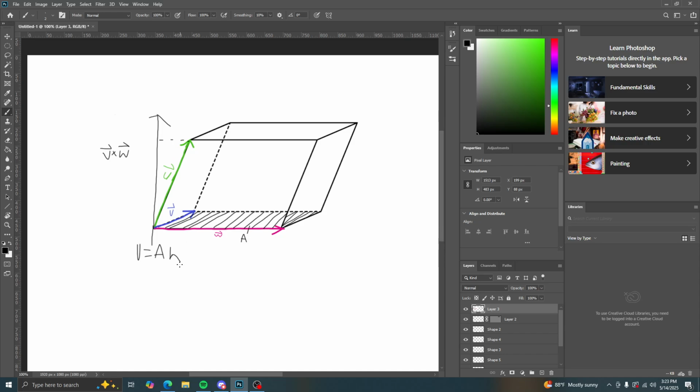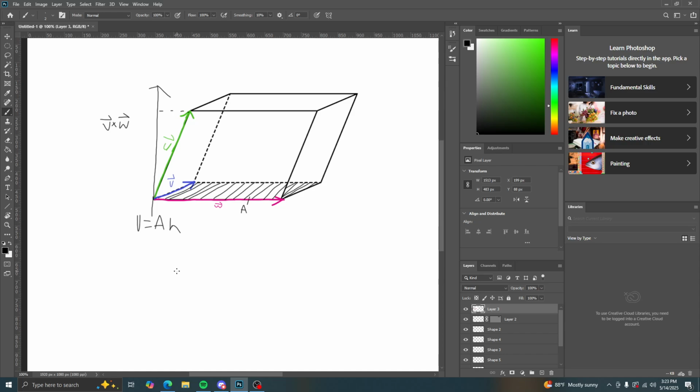So how do we do that? Well, if you remember, we can do a scalar projection. We can project u, and let me write this, h, the height, equals the projection of u onto the cross product of v and w.